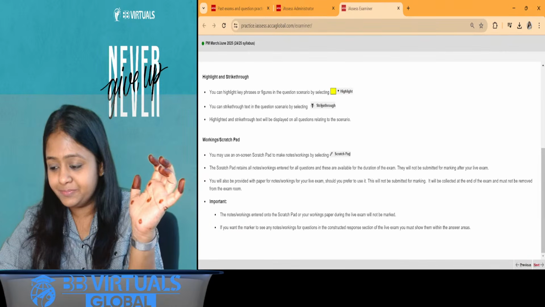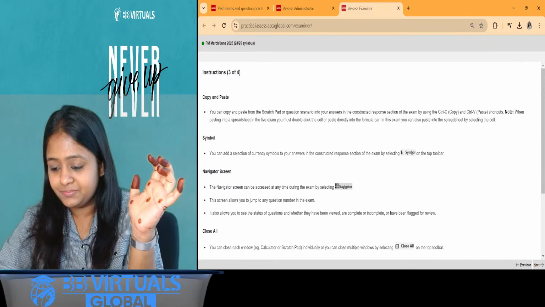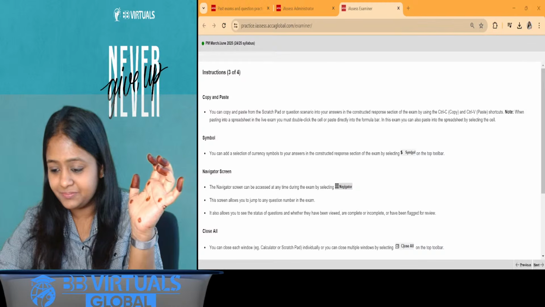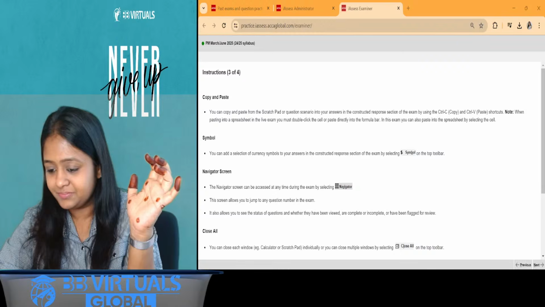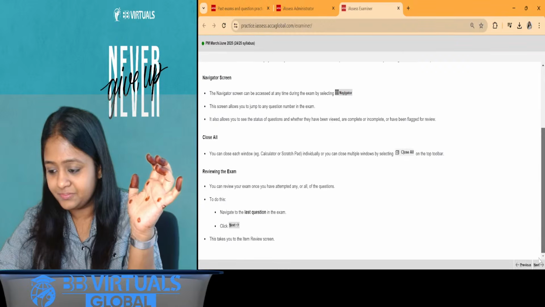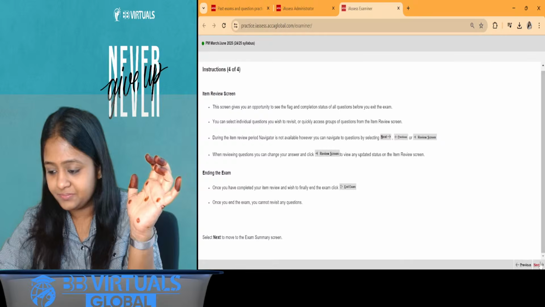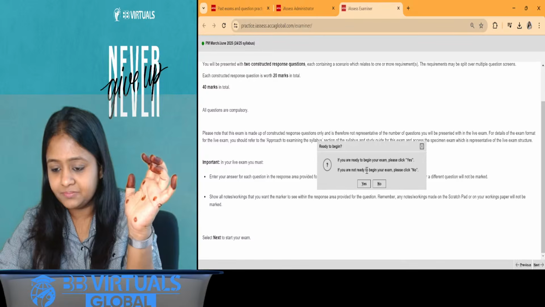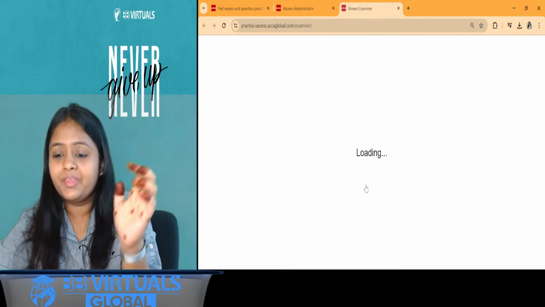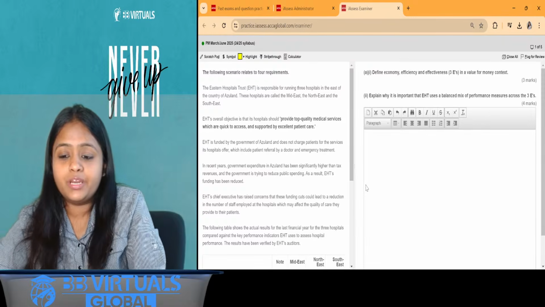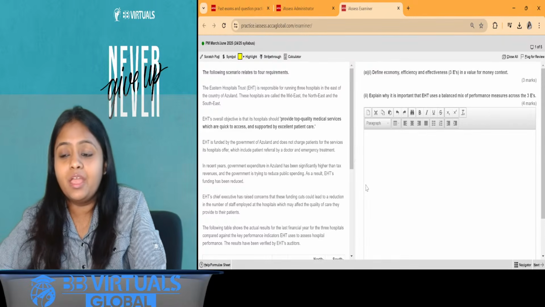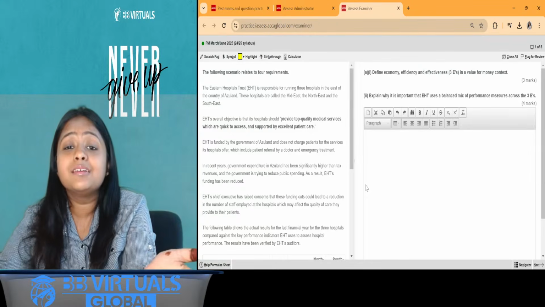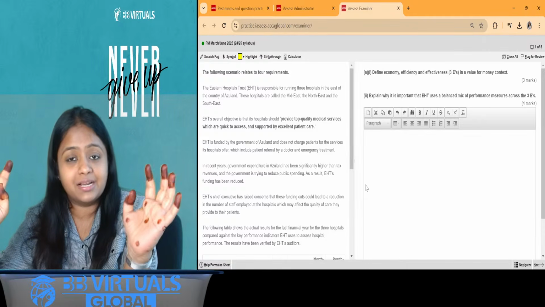So let's begin. Now you can see the paper is getting loaded and we have our first question. You know that a section C question for PM is for how many marks? Each question is for 20 marks, correct?